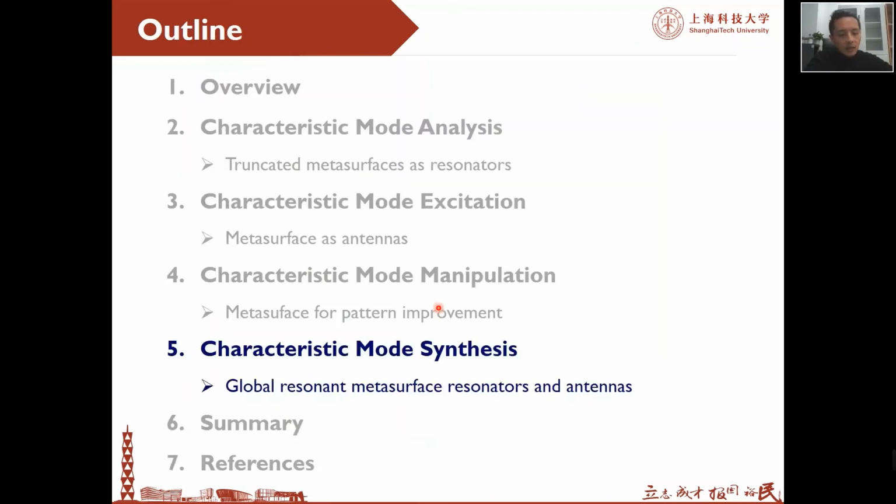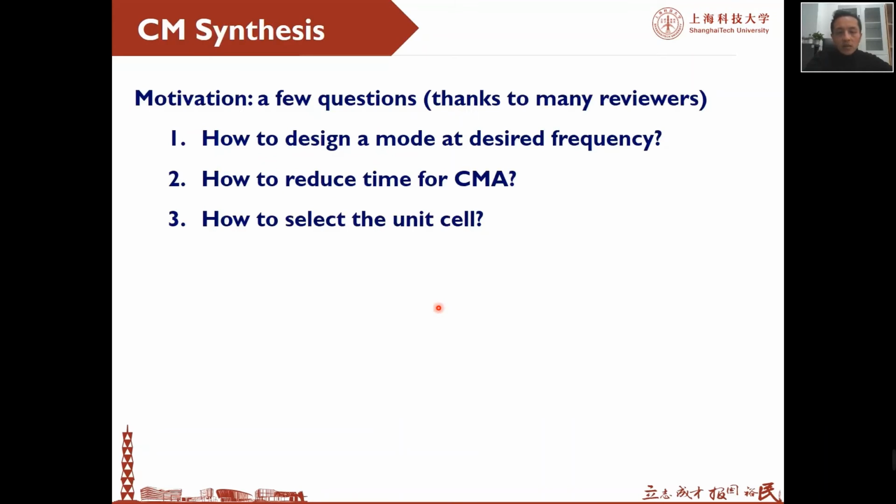Then the next question, usually asked by our reviewers, is how to design a mode at a desired frequency. You basically do some parameter guessing and some optimization to find the mode resonant frequency, basically to put the mode at the frequency that we want.